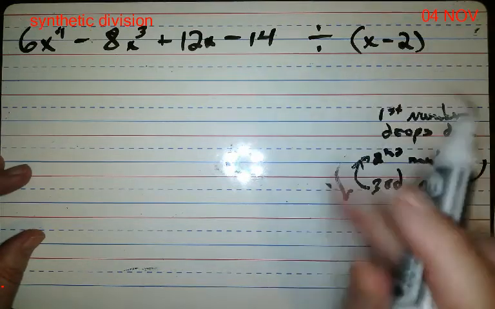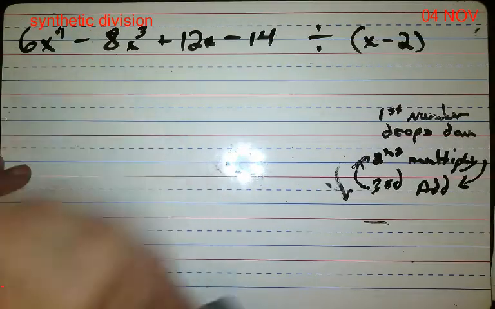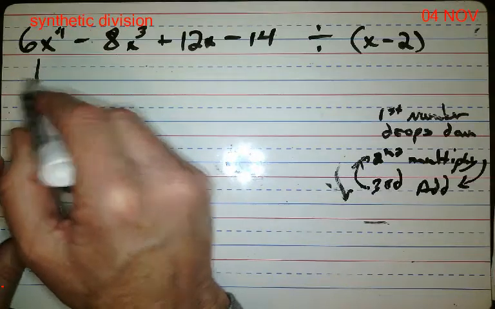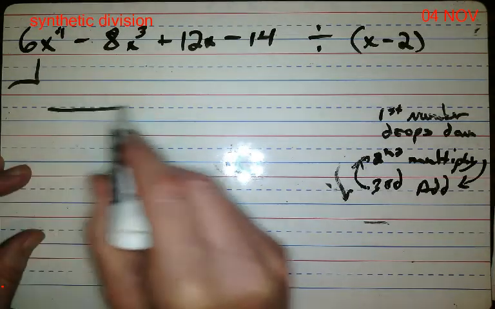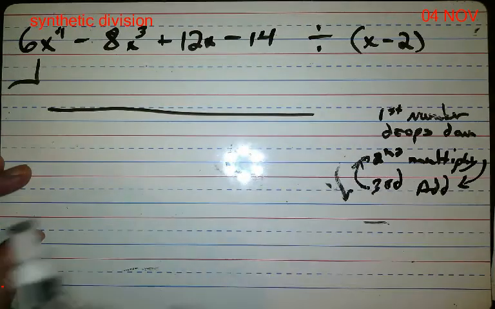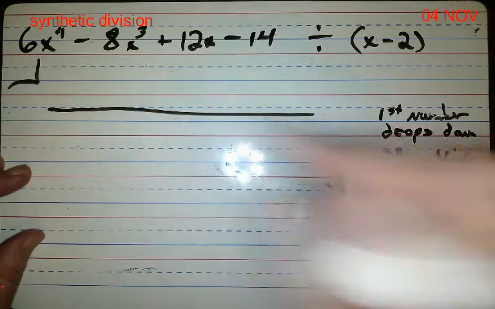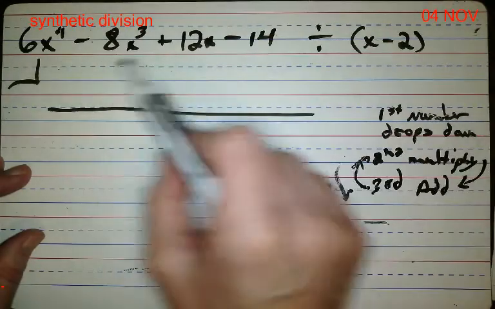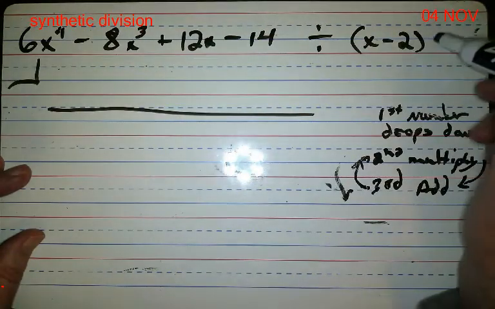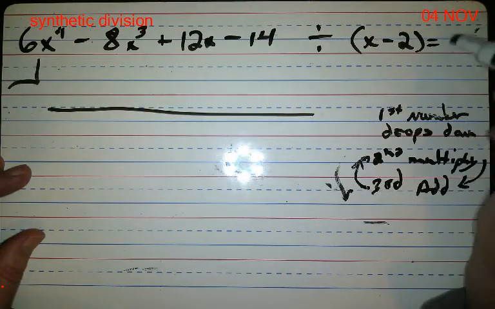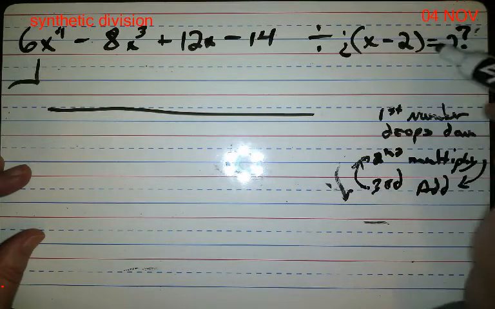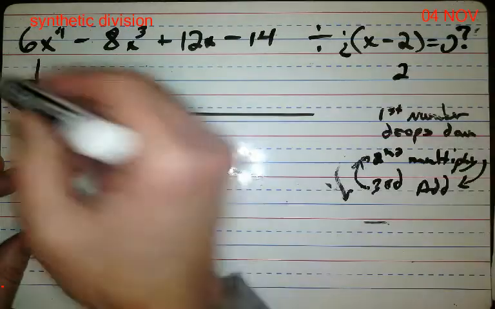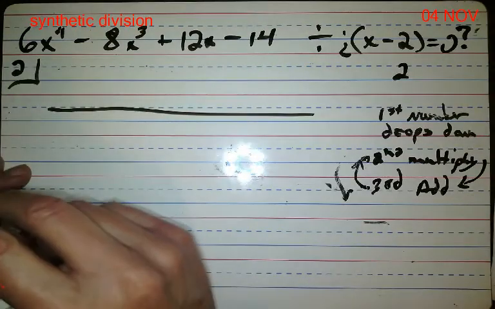So, I have to figure out what number am I dividing by, and I have to figure out what goes here, right? What makes this equal 0? Yep, you're right, 2. Positive 2 is the number I'm dividing by.